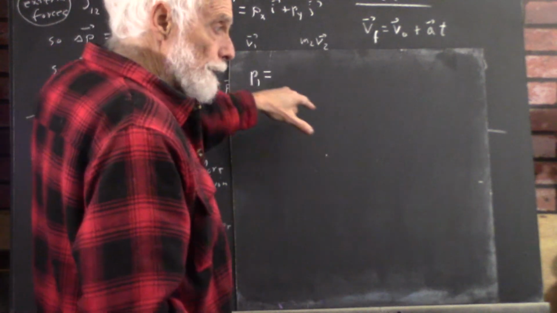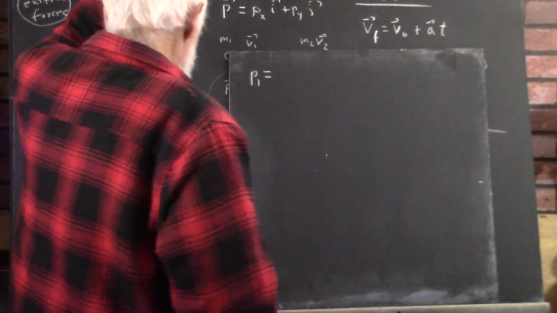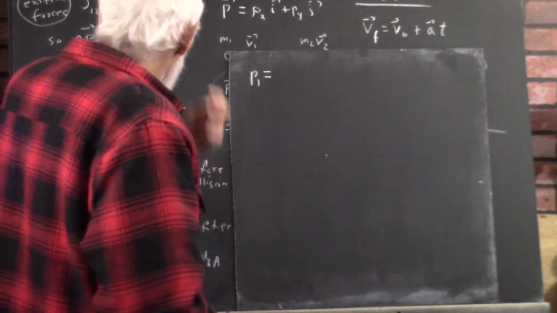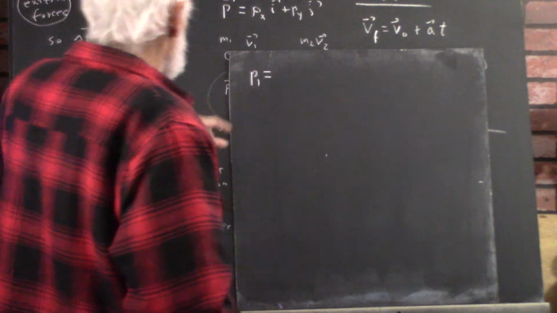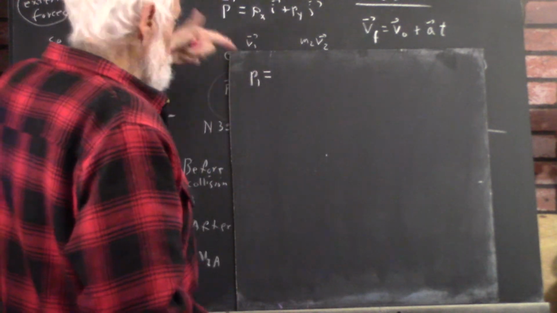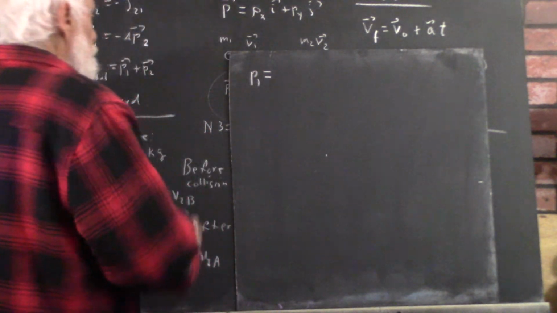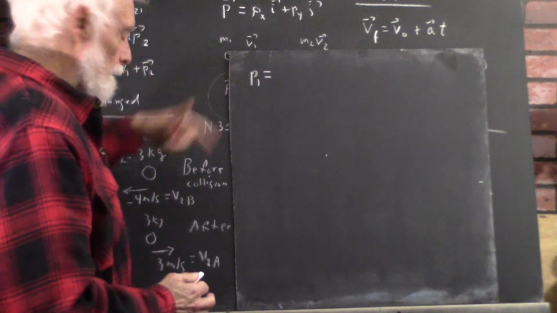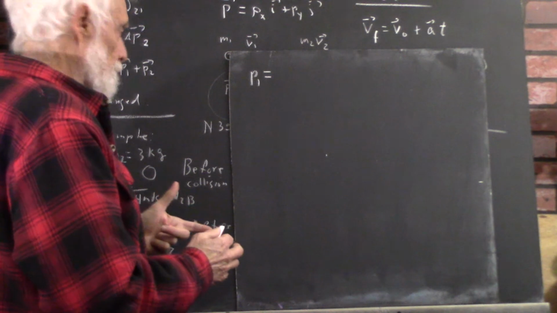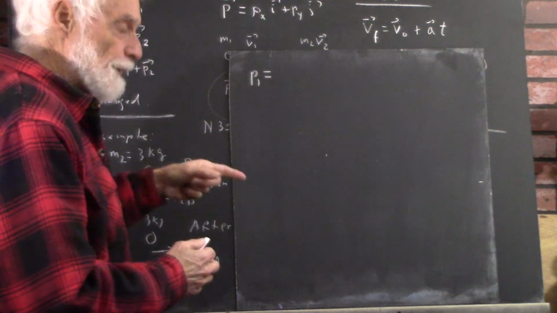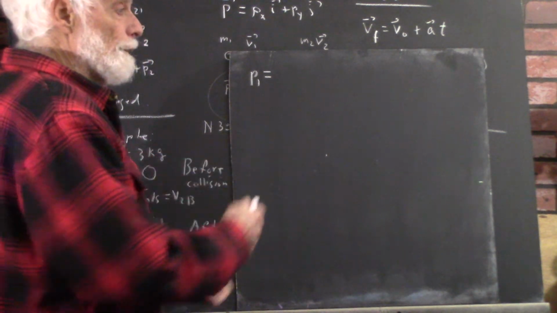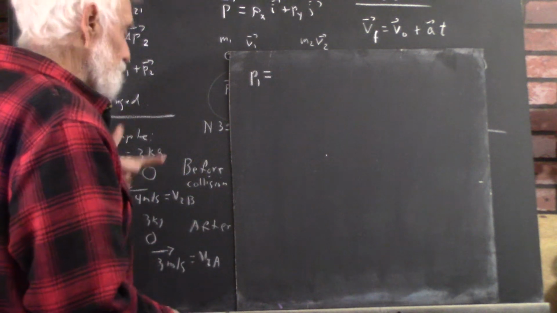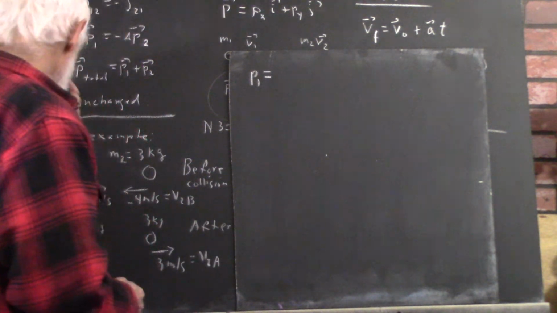When we do a collision in 2 dimensions, as we'll do in a minute, we'll modify this. But we'll use the arrows, or we'll use X and Y components. But right now, just going to go with plain old P1, with the convention that if P1's positive, the momentum is in this direction. If it's negative, it's in this direction.